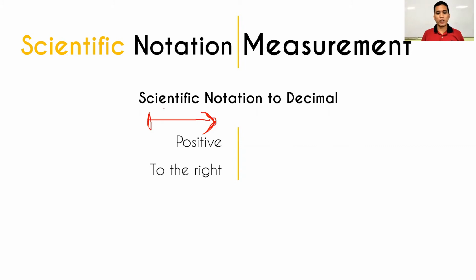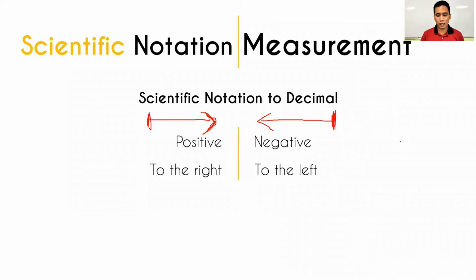So that is the movement of your decimal point from scientific notation to decimal. And if the exponent of your scientific notation is negative, then the movement of your decimal point is from right, so from right it moves to the left. So that is the movement of your decimal point if you convert scientific notation to decimal.